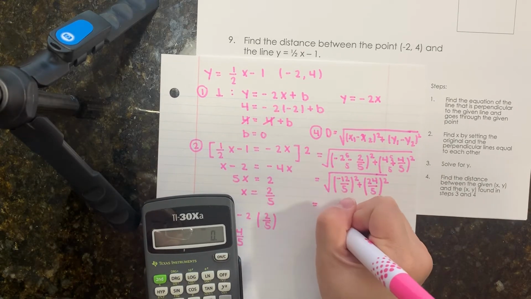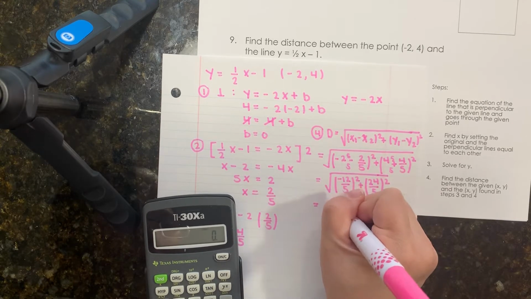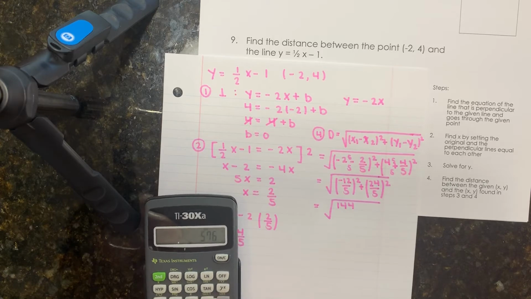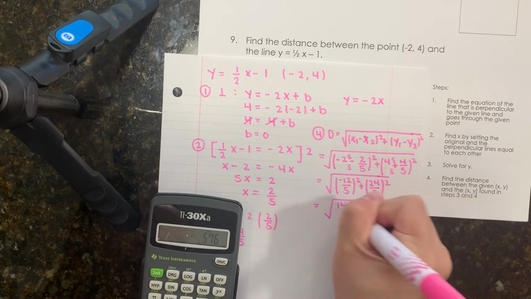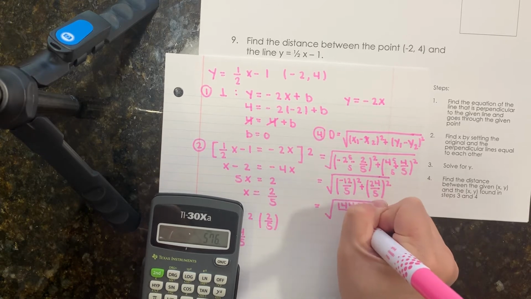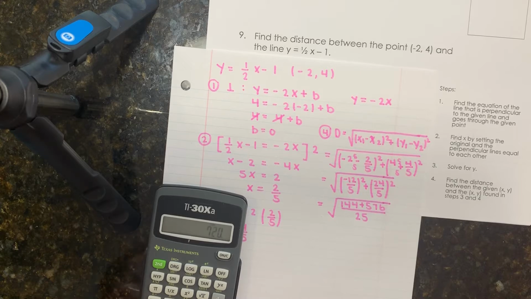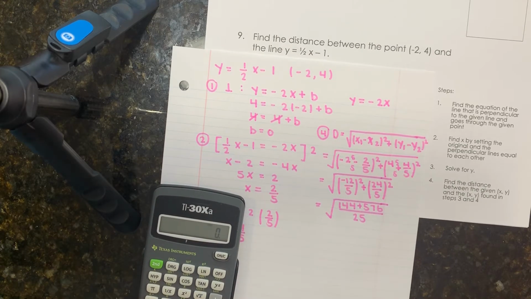Now, 12 squared is going to give us 144. And then 24 squared is going to give us 576 over 25. If I add 144 to that, I get 720. And that does not square root out evenly.